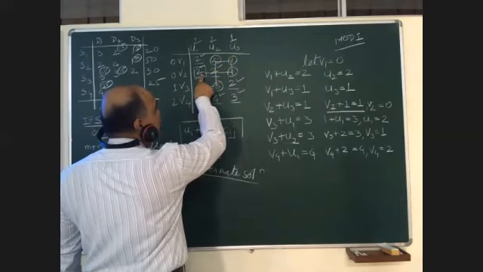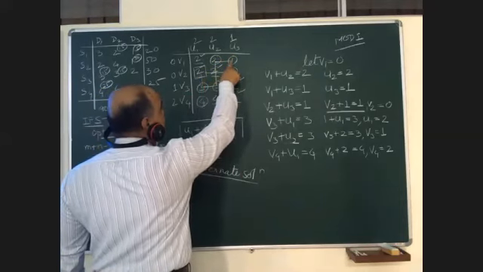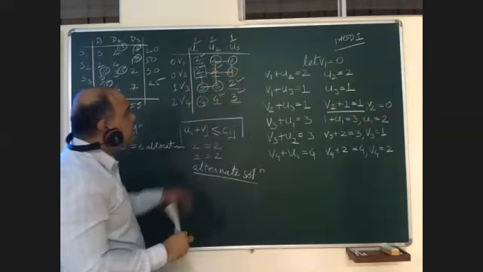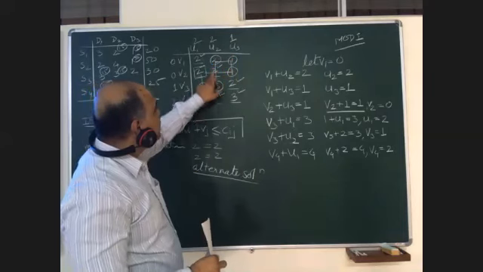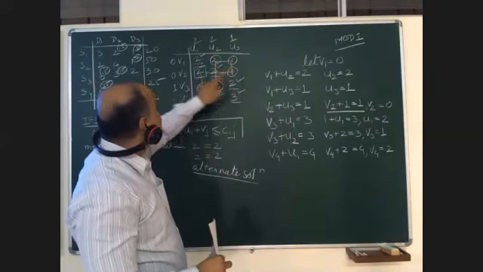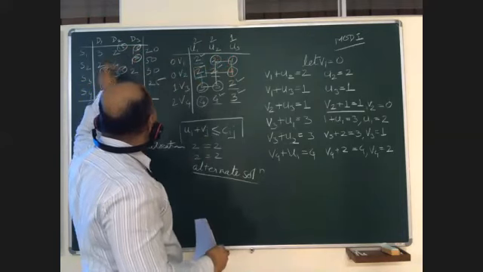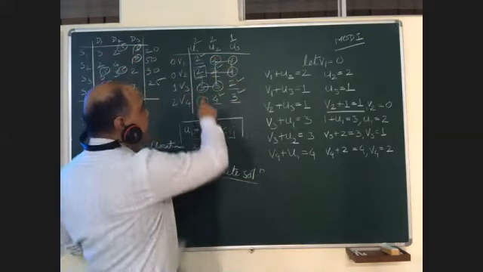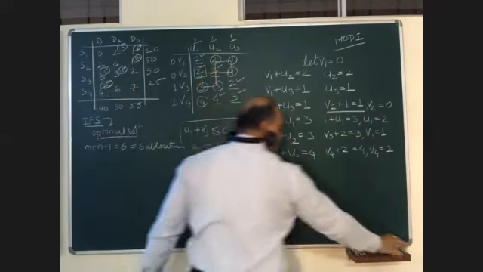Check this: 2, 1, 1, 2, 3, 3. At all corners there is an allotment. Allotment means circle. These are the allotments. Please check this. Got this point?